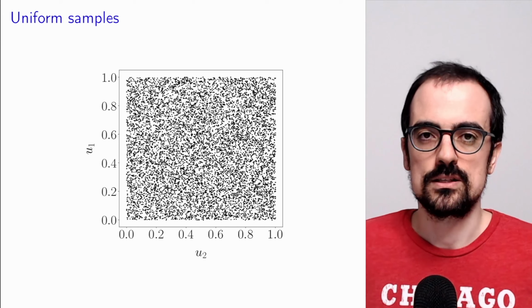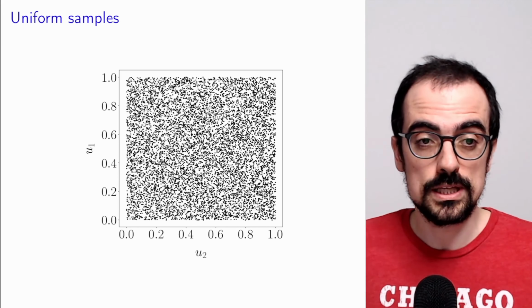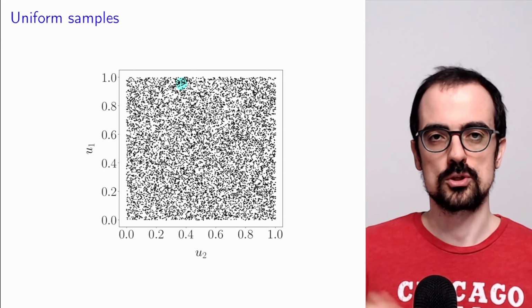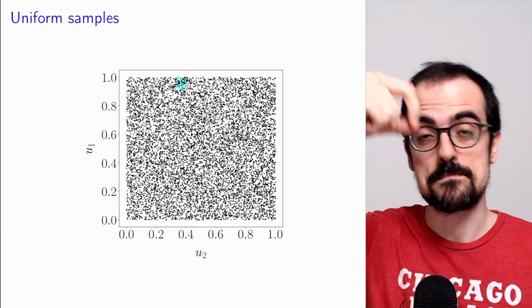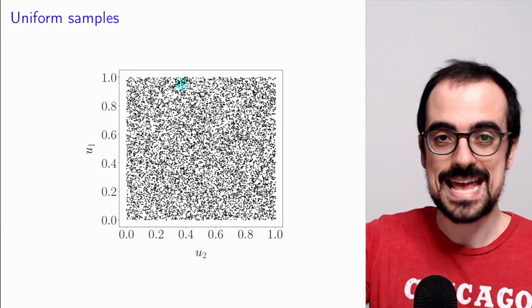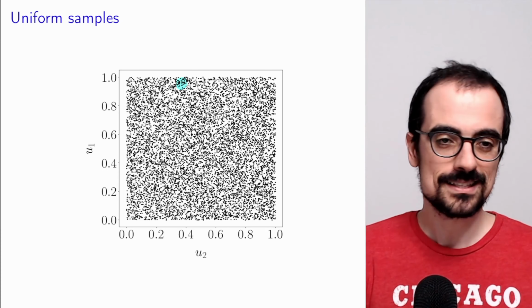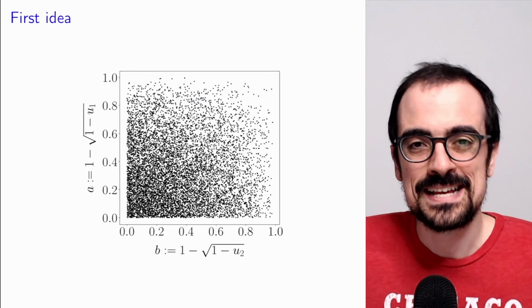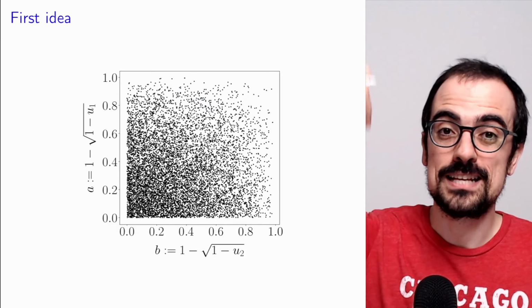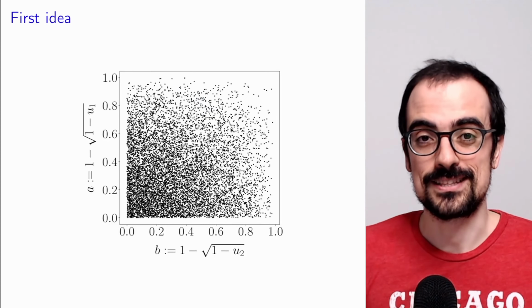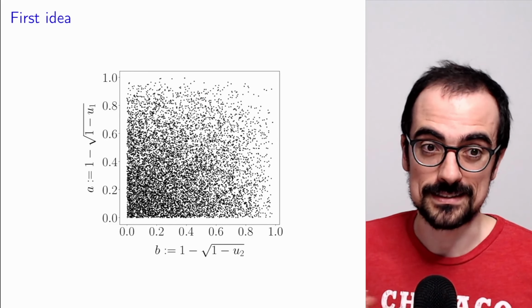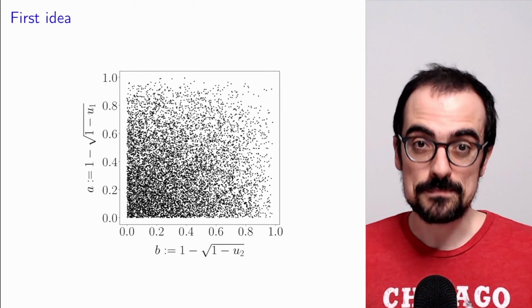Well, these are the uniform samples. These are 2D uniform samples. Each of these guys corresponds to two uniform samples that are going to be mapped to A and B according to what I just said. If we do that, it just does not work. Why? Because we're simulating the random variables separately, as if they were independent, and they're not independent. We're not capturing their dependence. So what can we do to capture dependence?